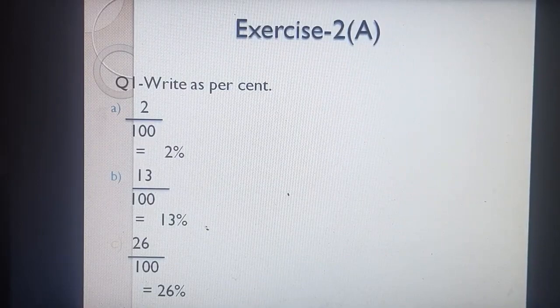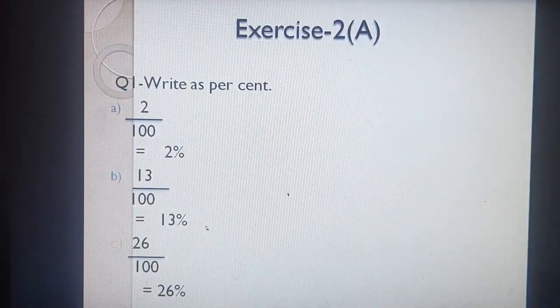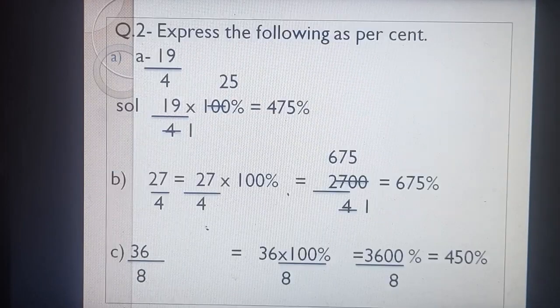When the denominator is 100, fraction with denominator 100 can be expressed as a percentage by just putting percentage symbol with the numerator. This is the rule how to convert. तो numerator के साथ percentage का symbol लगा देंगे when denominator is 100.